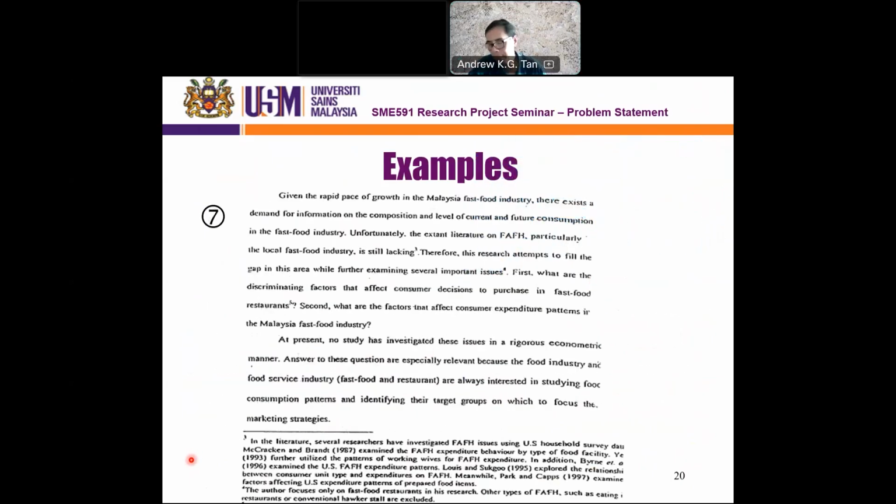Next, this one is by my former student doing fast food. "Given the rapid pace of growth in the Malaysian fast food industry, there exists a demand for information on the composition and level of current and future consumption in the fast food industry." So what is lacking?